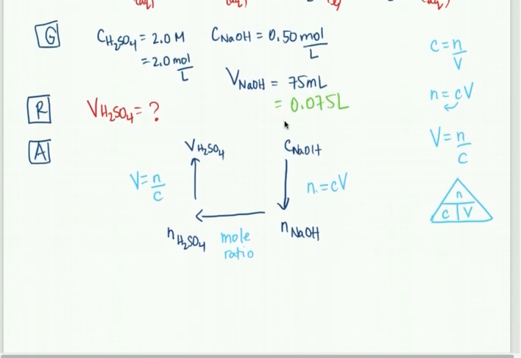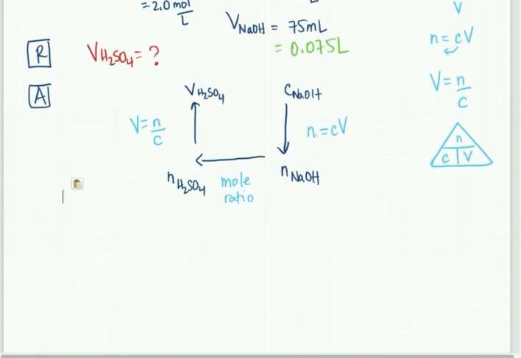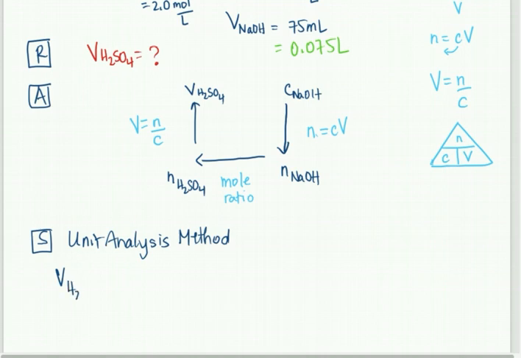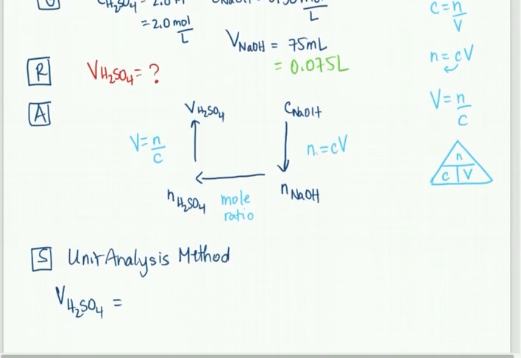Okay, so for this one we are again practicing the unit analysis method. We need to find the volume of sulfuric acid. We're going to start off with the known: sodium hydroxide.